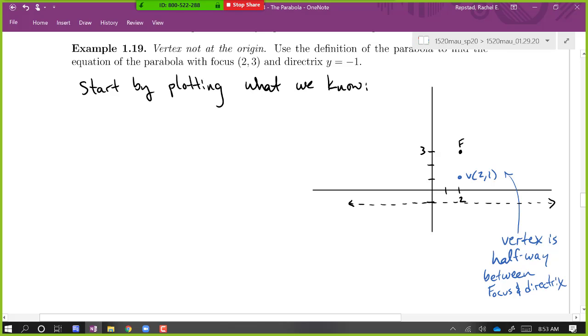Like on that vertical line, if we just draw the line connecting the focus and the directrix, the vertex has to be the midpoint there. Great. So we know what the vertex is.